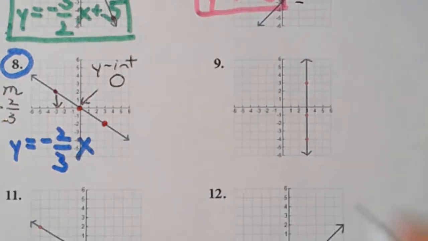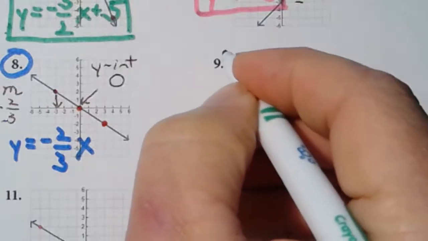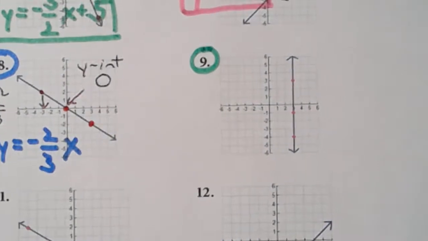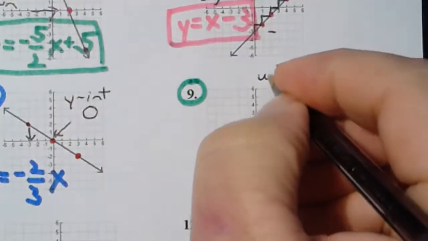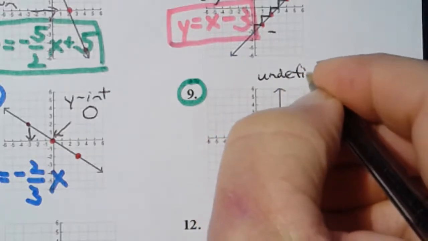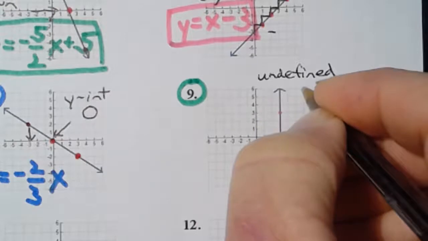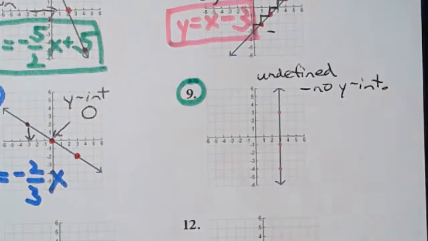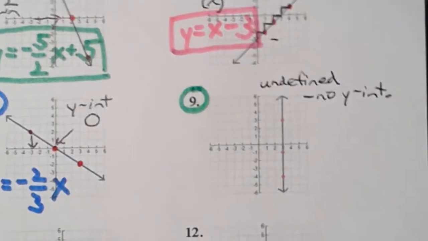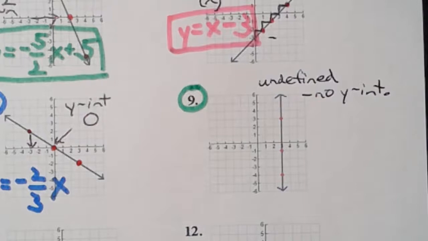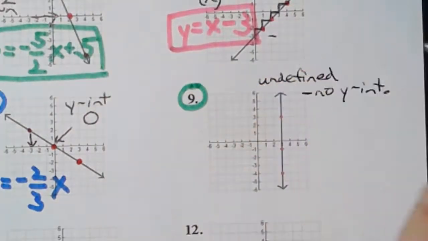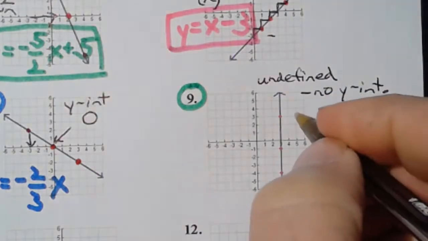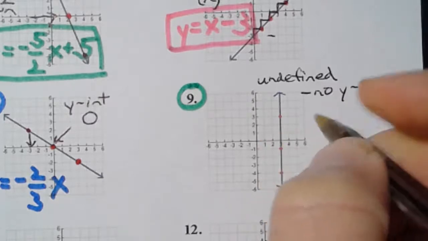Number 9 in green. Hey, what's this kind of slope called? This one's called undefined when it goes straight up and down, which means there's no y-intercept. So we can't have a slope-intercept equation. We just have to use some common sense here.